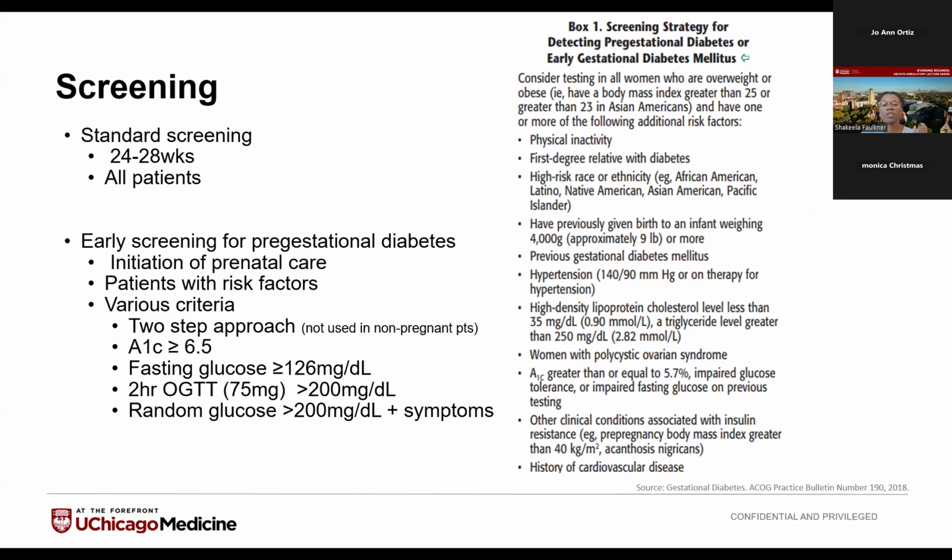So you want to keep your highs high and your lows low. Sorry, in the reverse. So if your HDL is low, or if you have elevated triglycerides, people with polycystic ovarian syndrome, anyone who meets criteria for pre-diabetes, and then any other factors that are associated with metabolic syndrome and a history of cardiovascular disease.